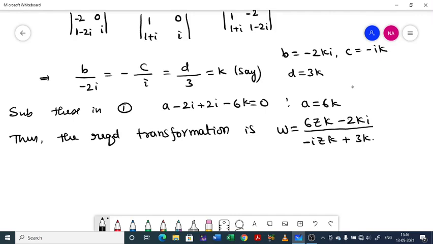So cancelling k in both numerator and denominator, it will be 6z minus 2I divided by minus I z plus 3. 3 minus I z, you can write 3 minus I z. So this is the required transformation.